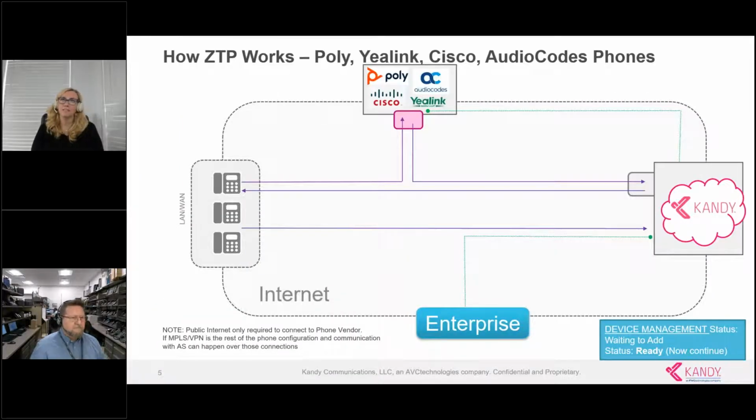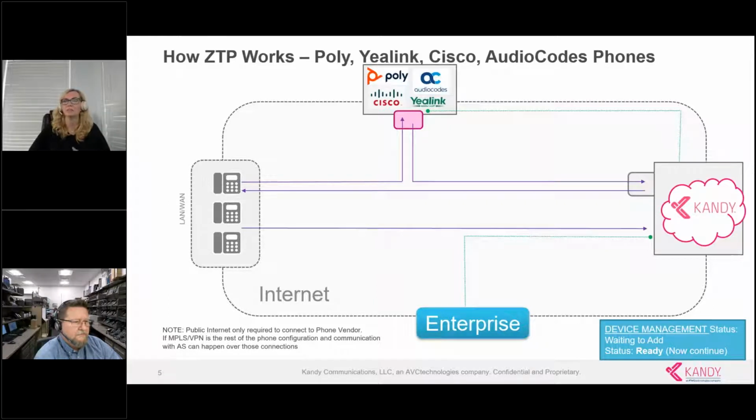So for those devices that we consider certified, those that we test each and every time, we've tried to take an example from Staples, the easy button, to make it easier for you as a partner, as an enterprise deploying these services, that Polycom, which is now called Poly, AudioCodes, Cisco, and Yealink.